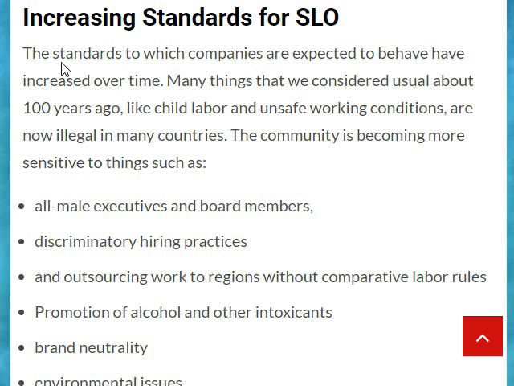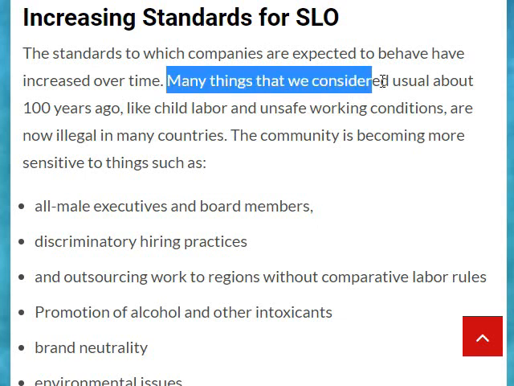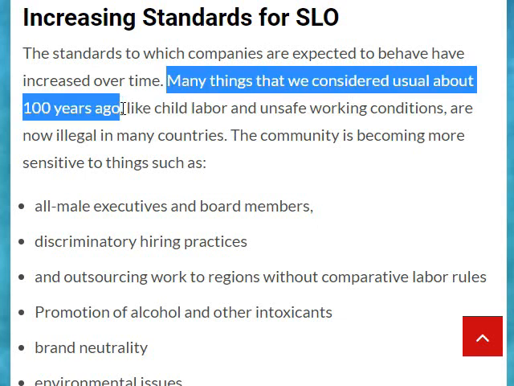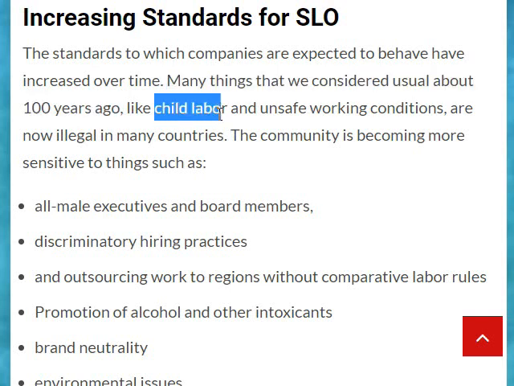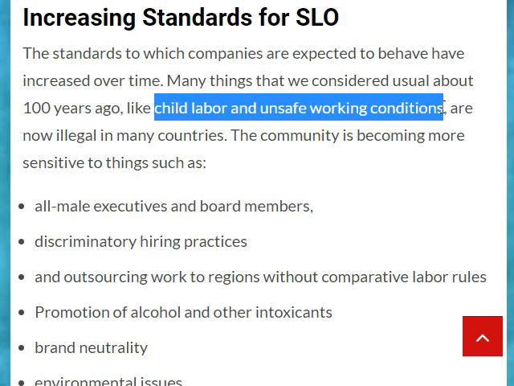Because many things that were considered usual about 100 years ago are now not considered very good practices, and in fact they are banned or illegal in many parts of the world today. For example, child labor and unsafe working conditions were very common practices back in the days, and people did not take them very seriously because they had maybe other, more prioritized issues to deal with.